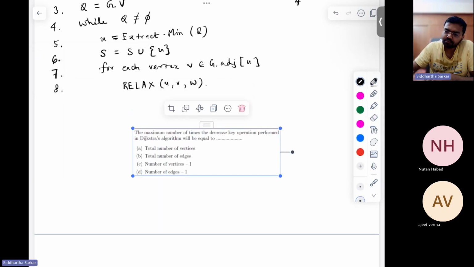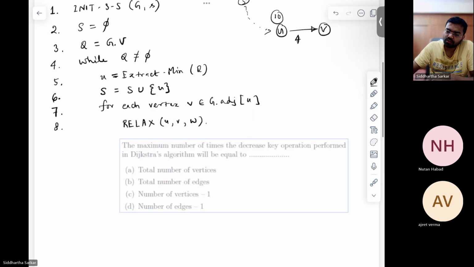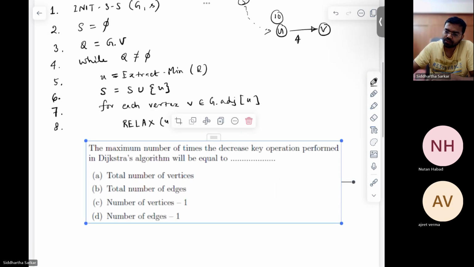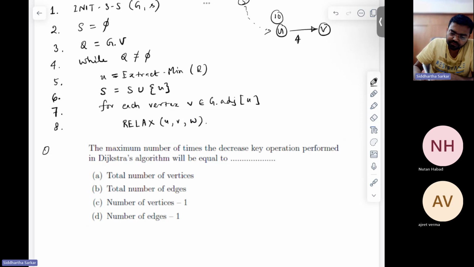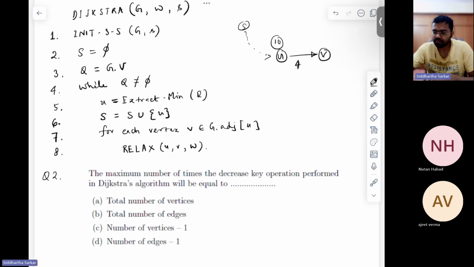It's again on Dijkstra. We'll have the algorithm in view. This is question number 2 for today. The maximum number of times the decrease key operation is performed in Dijkstra's algorithm will be equal to what?